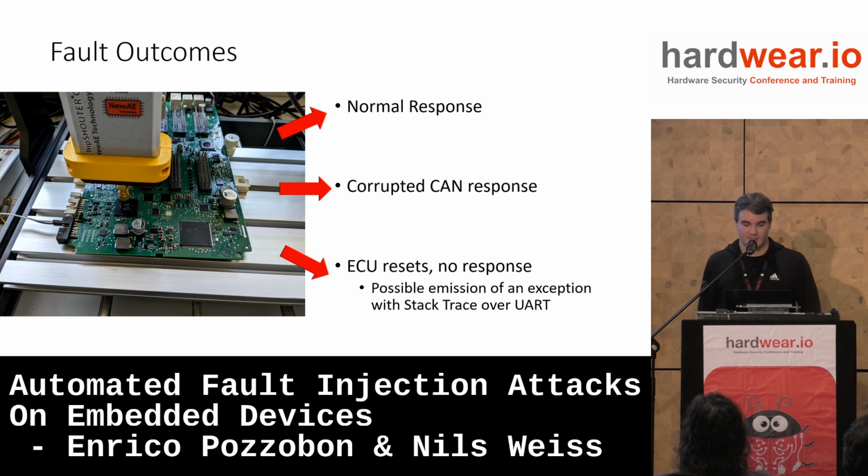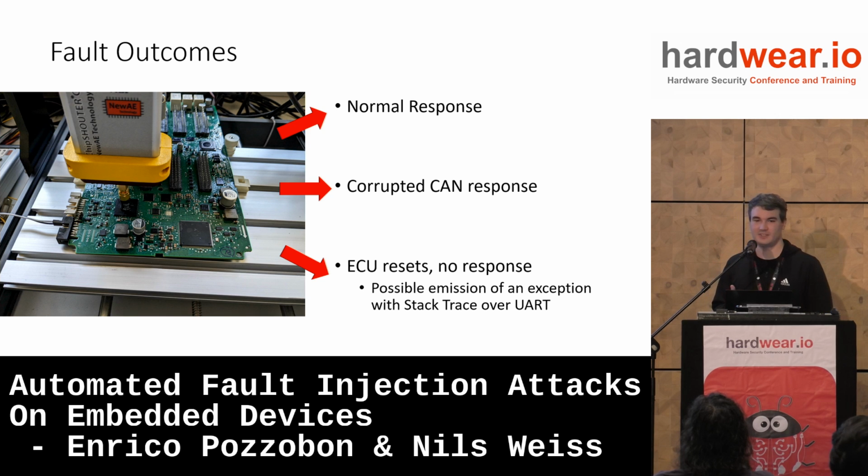And then what happens after we inject a fault on the target? We can have either a normal response, meaning that the frame that we sent as our trigger just gets a normal response. We could get a corrupted CAN response, or we could get that the ECU resets and doesn't respond to us at all.